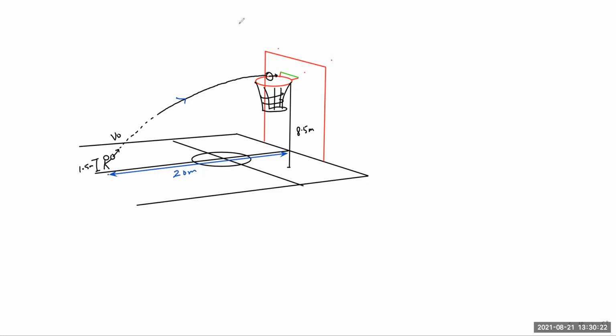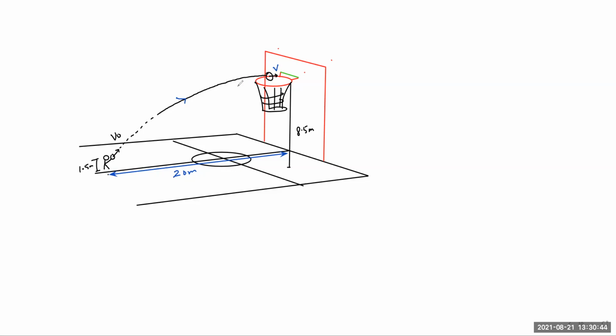Okay, I hope you have understood. When it is reaching the goal post, it will have some speed v. Now that v will act as the velocity of projection for the horizontal projectile motion.